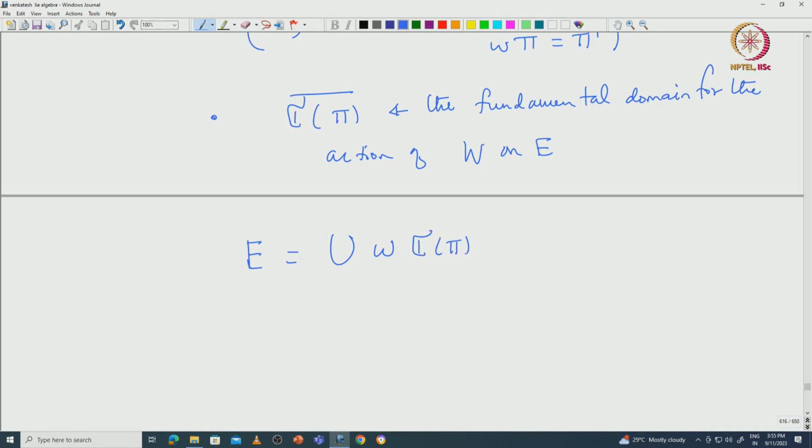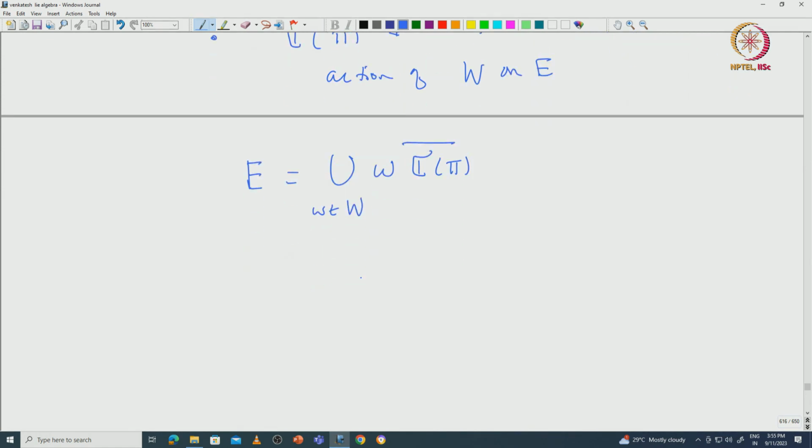So, E must be the union of W conjugates of this set C of pi bar, where w is in W. If we take sigma lambda equal to mu for some sigma in W, then this conjugation must be unique.